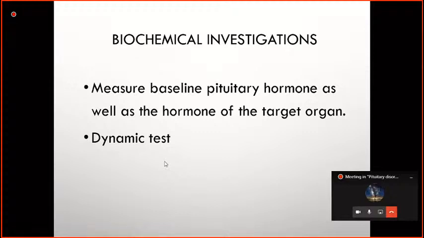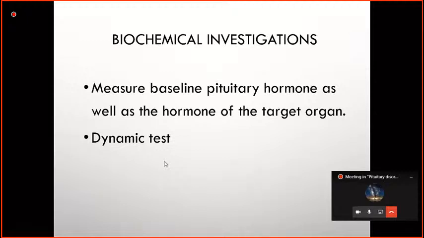Or whether there is really a deficiency in the reserve for producing that hormone, in which even if you put stimulation, the hormone is still deficient. So that is the principle.